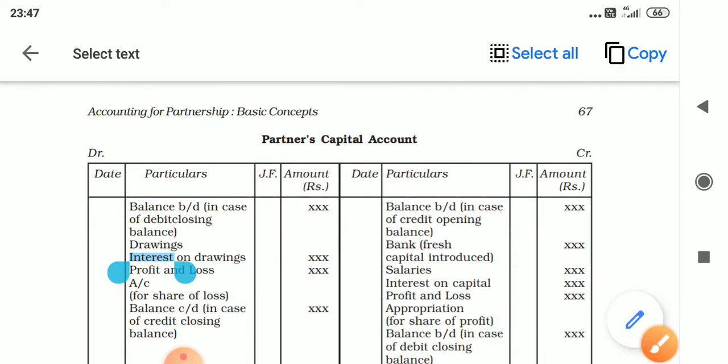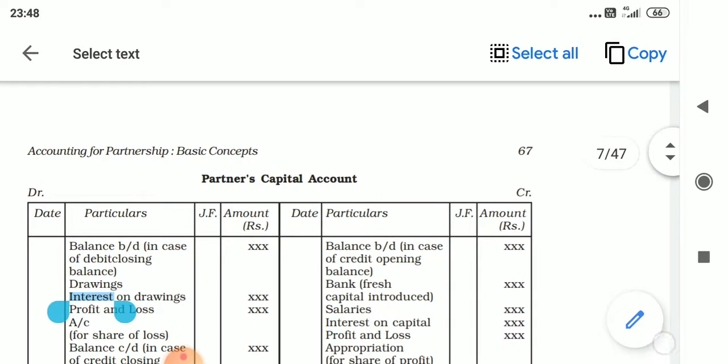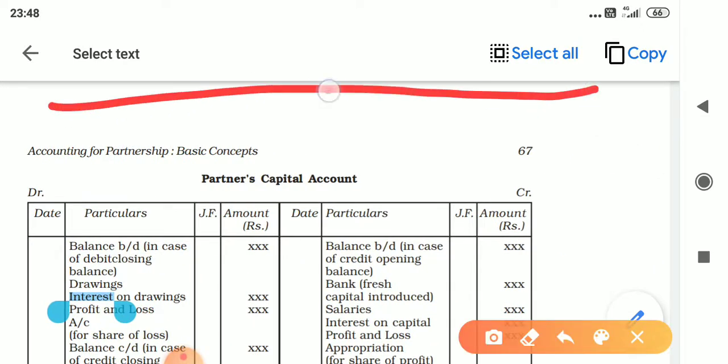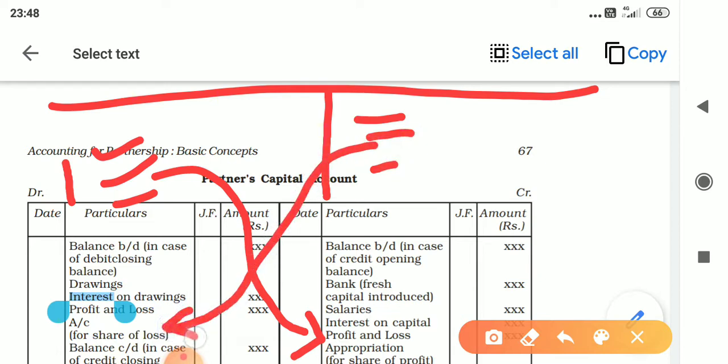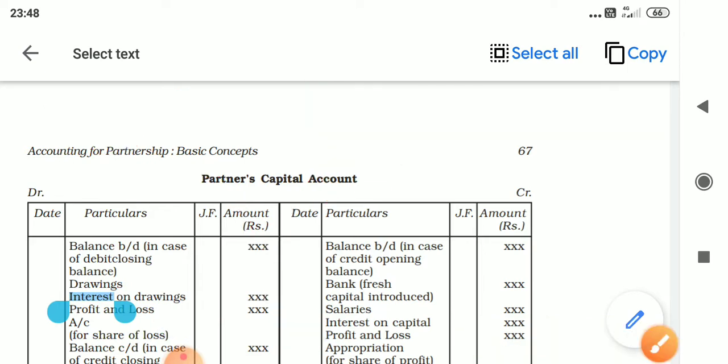So, in a profit and loss appropriation account, if you have profit distributed among three partners, that profit will be shown on the credit side of partner's capital account. If you have loss distributed among the partners, that loss will be transferred to the debit side of partner's capital account. This is how you have to remember. In practice, actually, capital account is prepared first and only then profit and loss appropriation account is prepared.